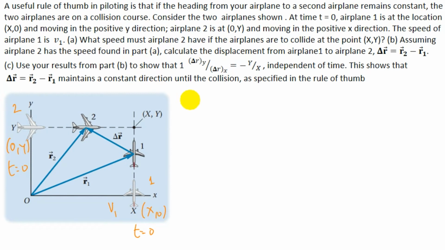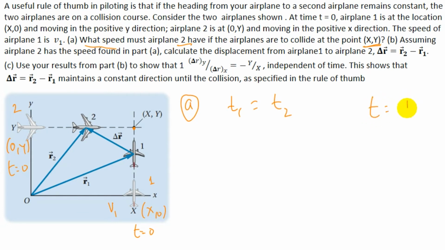In the A part, we need to find what speed airplane 2 must have if the airplanes are to collide at point x, y. The time taken by both aircraft from their initial position to the final position will be the same if they collide, so t1 should equal t2.